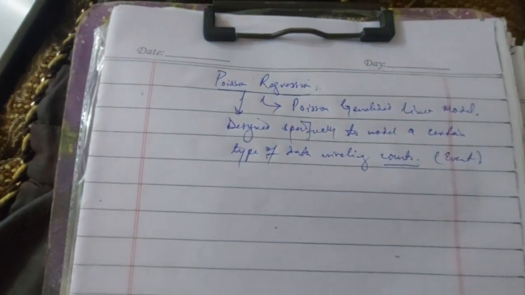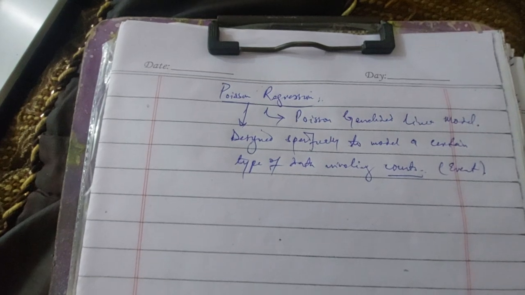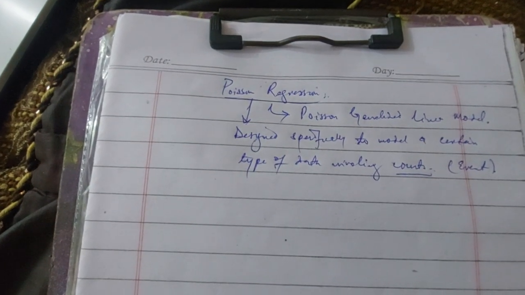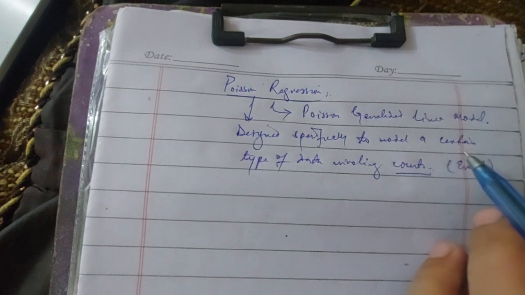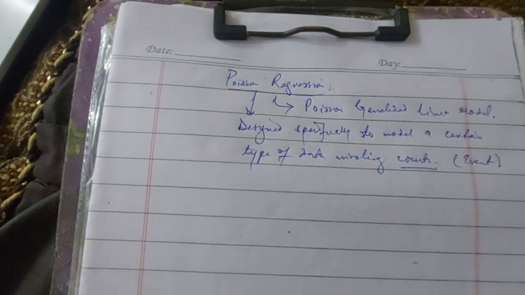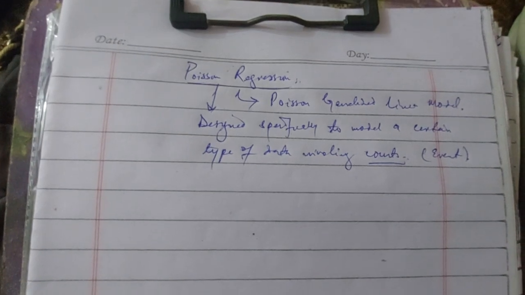For example, the number of customers entering a supermarket. This is a common event, and it comes under the counting data specification, so it will be observed and explained by the Poisson regression.